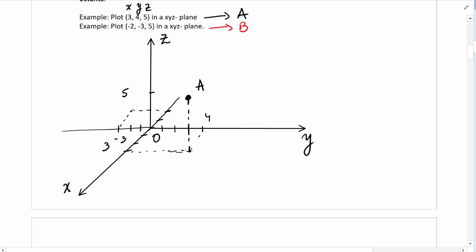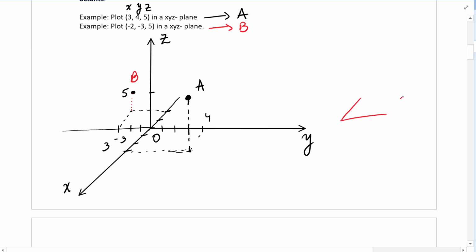And from here, we go up 5. Let's call this point B, but let's not forget this is in the plane.